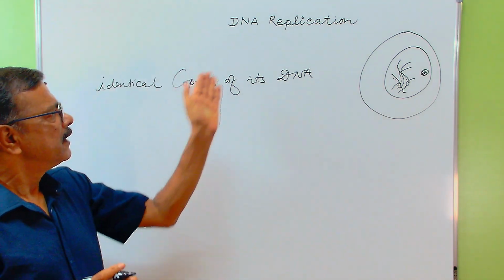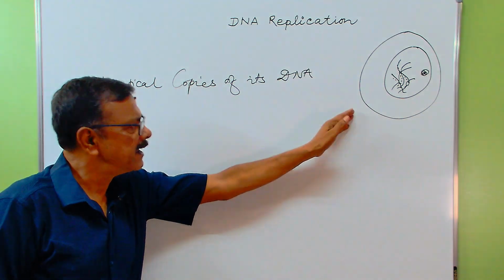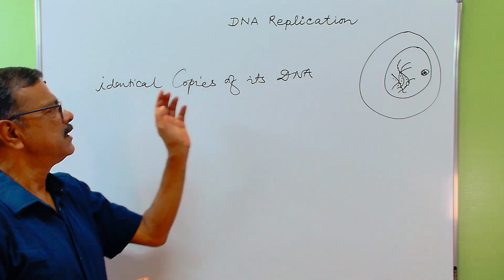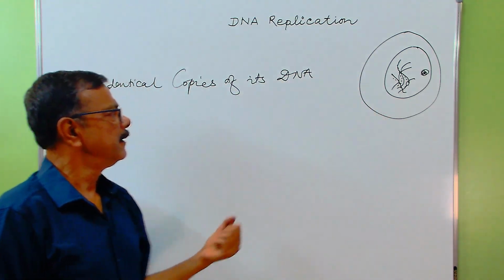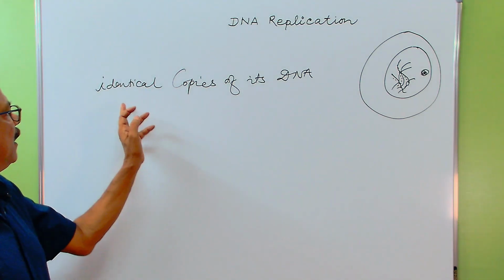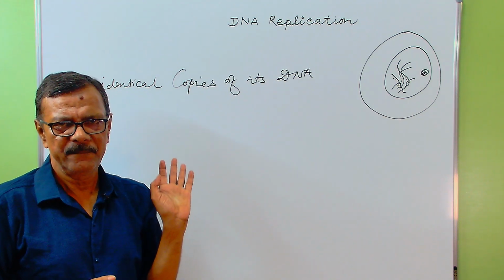We will say replication is a process that occurs in a cell by which the cell makes identical copies of its DNA.